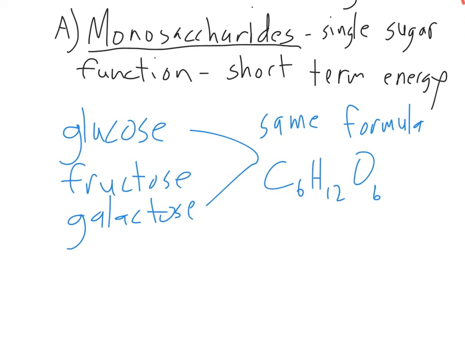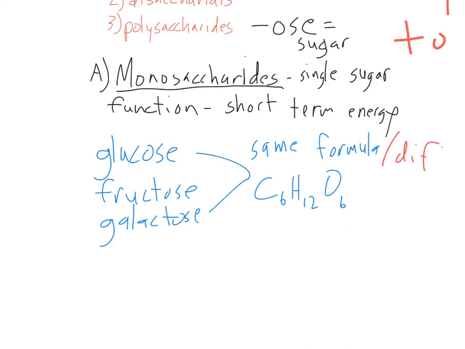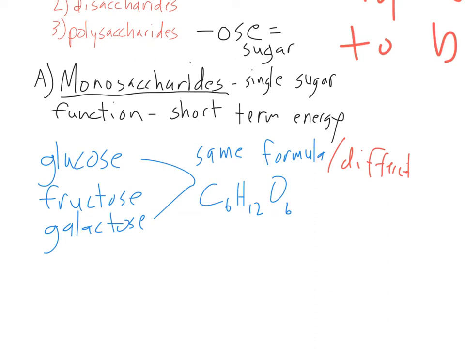Now, the fact that they have the same chemical formula, but they have a different structure. Okay? So they have the same chemical formula, but they're just put together a little differently. So if we would imagine that carbon was a black Lego, and hydrogen's a red Lego, and oxygen's a blue Lego, and I gave everybody in here 6 black, 12 red, and 6 blue Legos, and said, have fun.